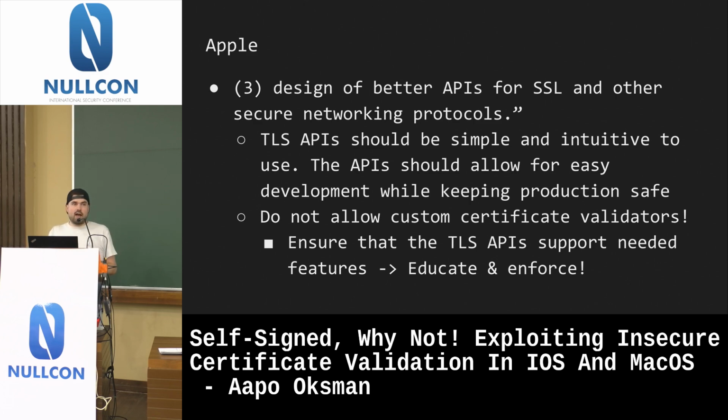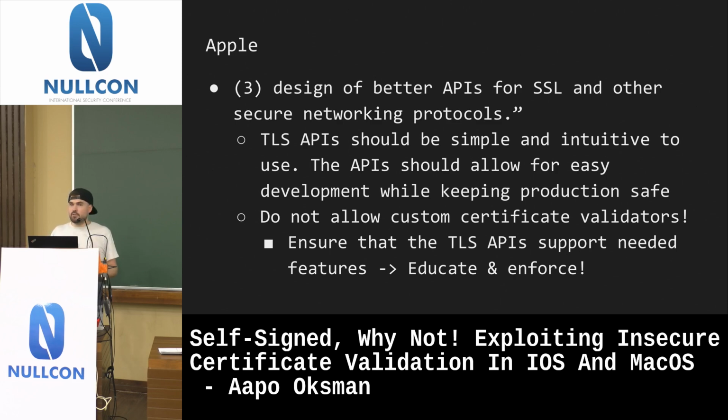Like with curl, you have to write insecure. And if you have to write insecure, you know there might be a problem in your code. And of course, when you are doing development, you should have some way to circumvent these, but you shouldn't be able to push that to production.